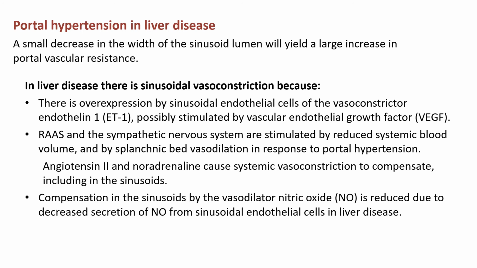The sinusoids, okay, they could release nitric oxide. They're lined with endothelial cells. Endothelial cells secrete nitric oxide when there's an increase in pressure. But the problem is this is actually reduced because we have these damaged or dysfunctional sinusoidal endothelial cells.